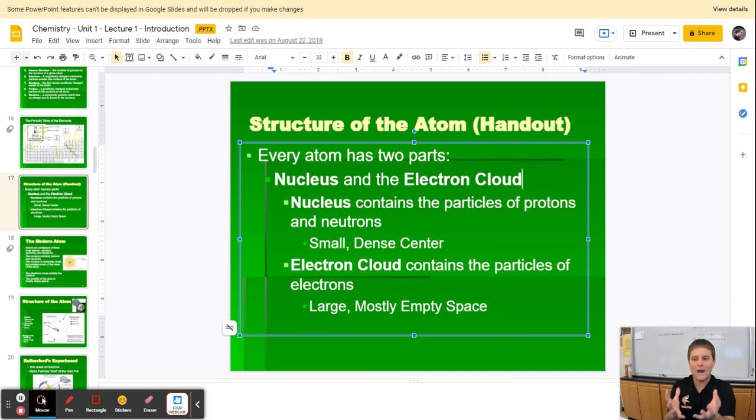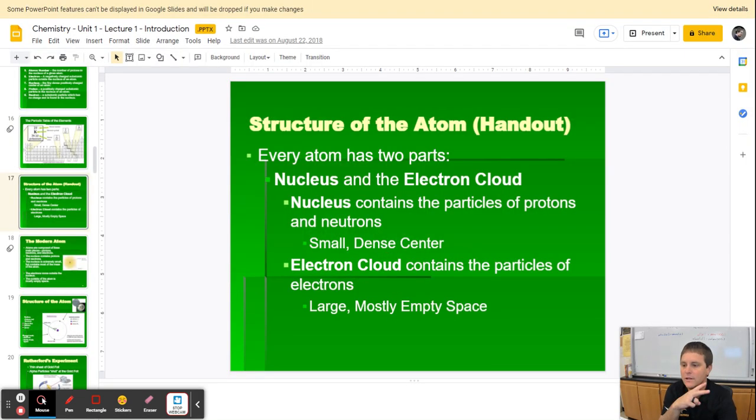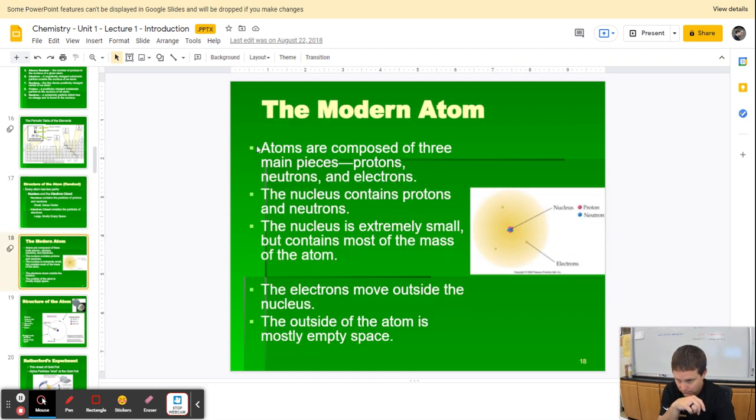and the neutrons. And then surrounding the center part is called the electron cloud. Where the nucleus is a small, dense center, the electron cloud is large and mostly empty space. So there are two parts to the atom.